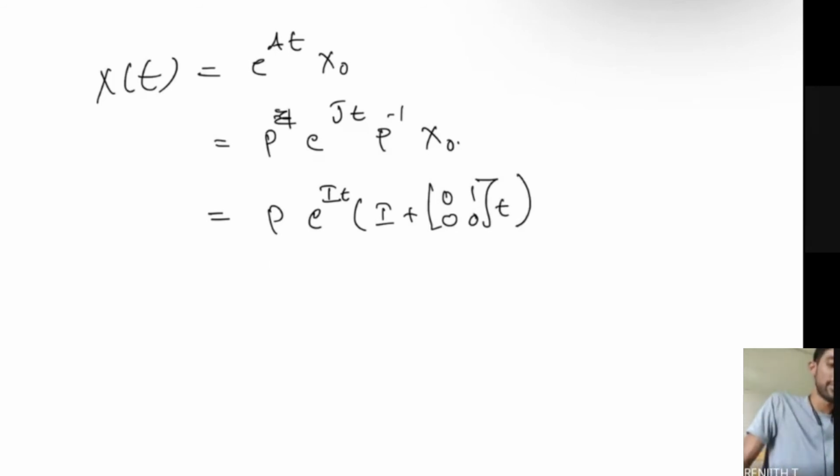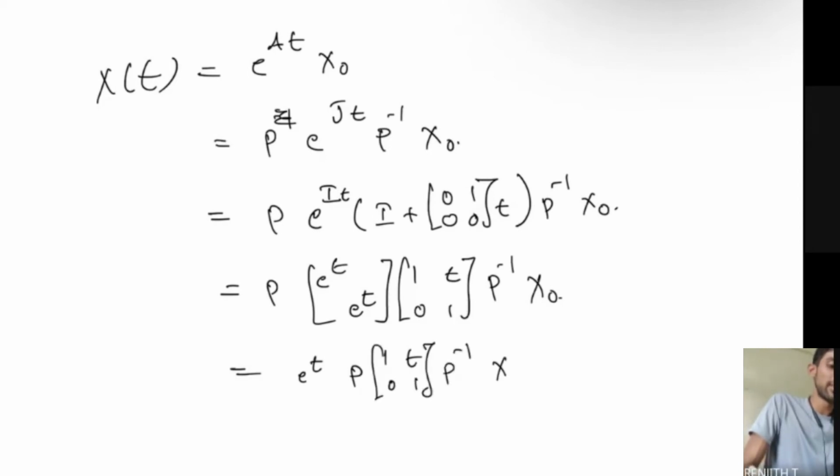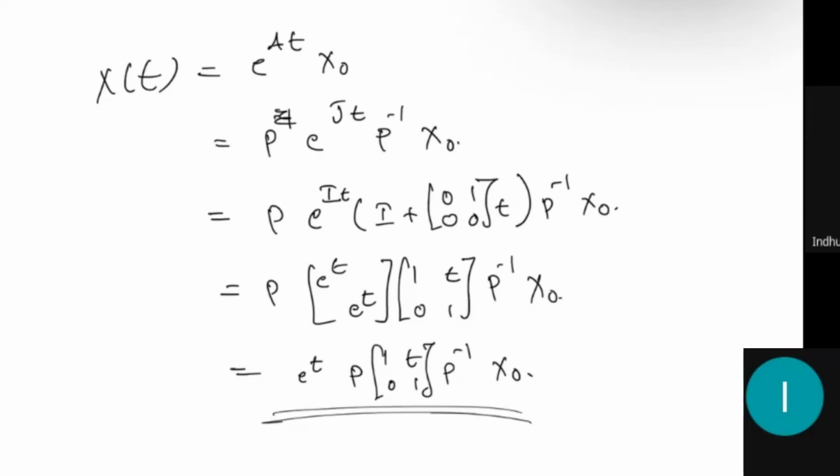This much is enough. Times p inverse x naught will be p. This will be e power t into, what will be this term? This t will be the 1t01 times p inverse times x naught, or e power t into p1t01 times p inverse.